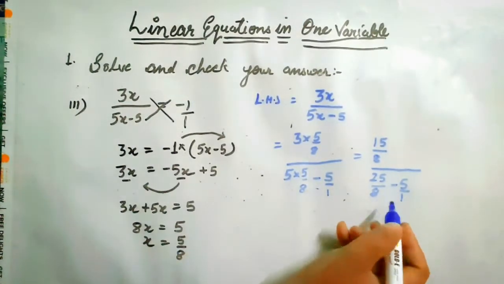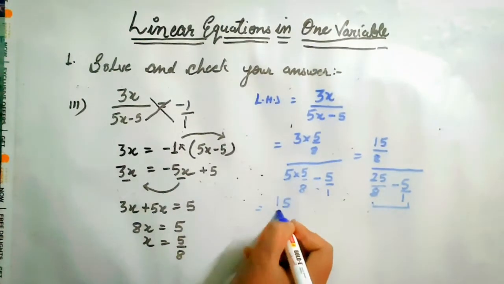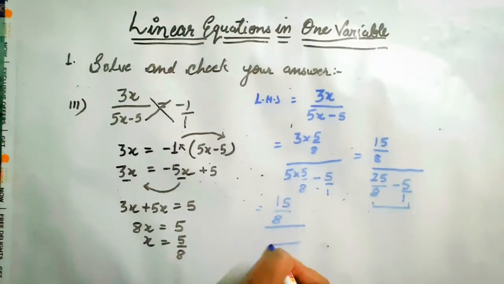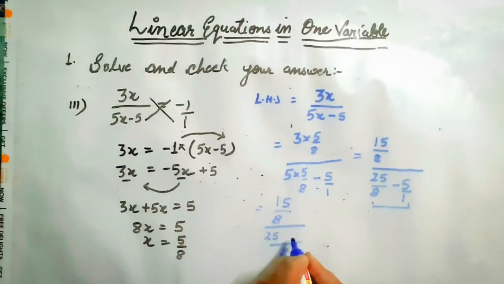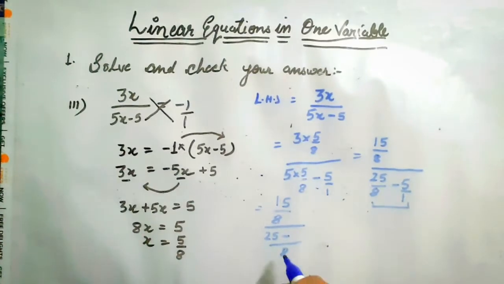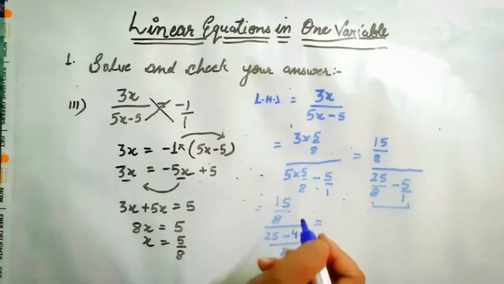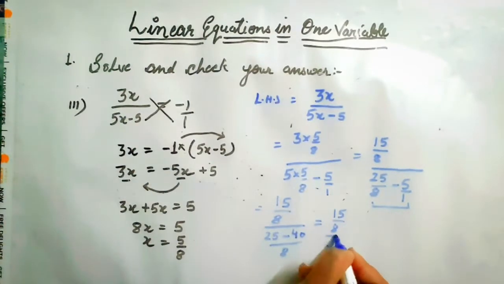Take LCM in the denominator part now. 15 upon 8 as it is, then divided by, LCM will be 8. 8 ones are 8, 1 into 25, 25 as it is, minus 1 8s are 8, 8 5s are 40. So this will be equal to 15 upon 8 whole divided by 25 minus 40, which is minus 15 upon 8.